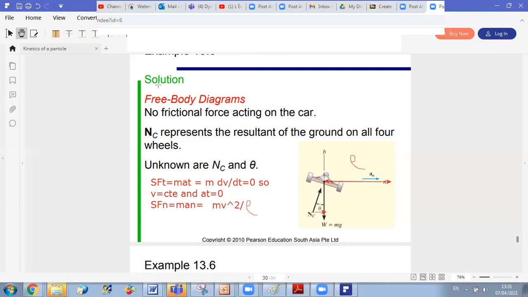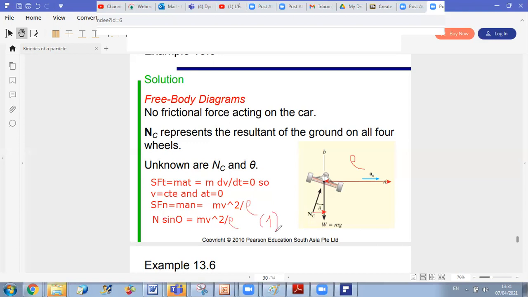So I will write here that n sine theta equals m times V square over rho, which is the radius of curvature. So this is equation number 1.